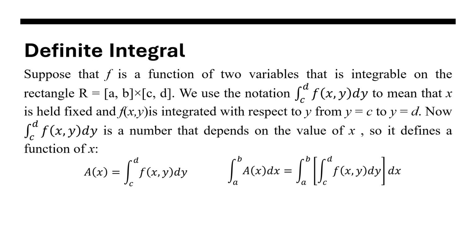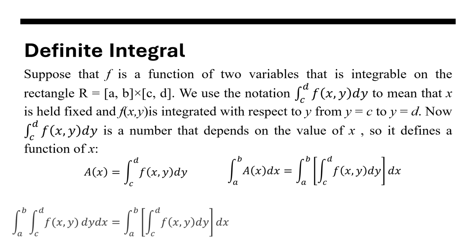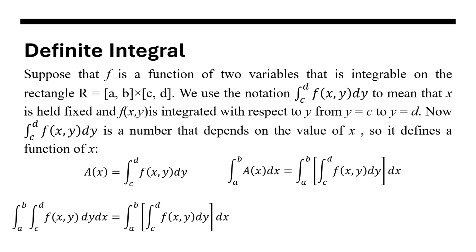Now, the integral of this equation is called an iterated integral. Usually, the bracket is omitted. So something like this. So this is the iterated integral. The definite integral from a to b of the definite integral of f of xy dy dx from c to d is just getting the definite integral of the inner term.